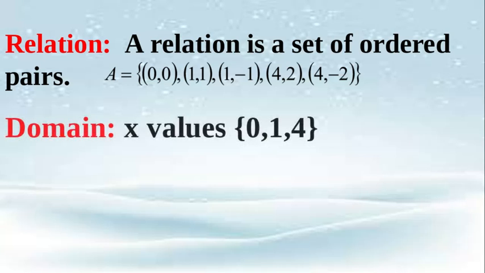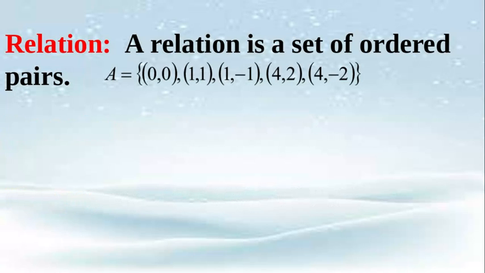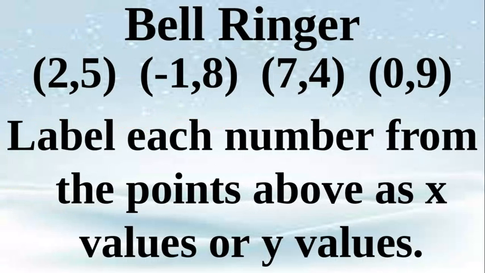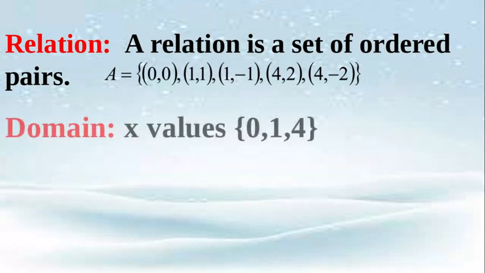And then you've got to be able to list what is the domain and what is the range of a relation, of a set of points. So if I look, the domain is just a list of the x values. So if I look at all these points, just like we just did on the bell ringer, labeled the x's, labeled the y's, that's the same thing for domain.